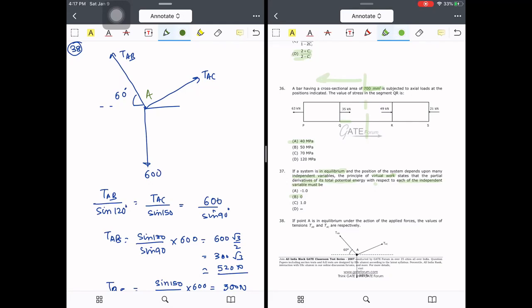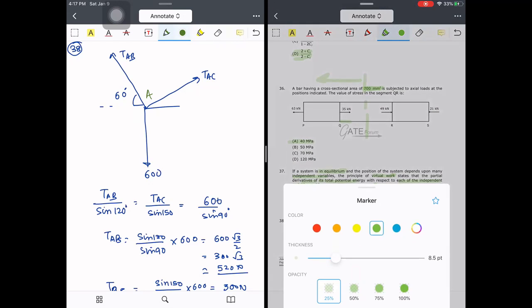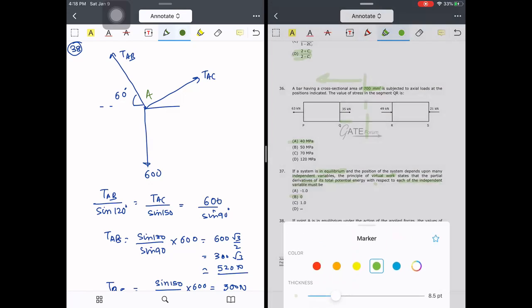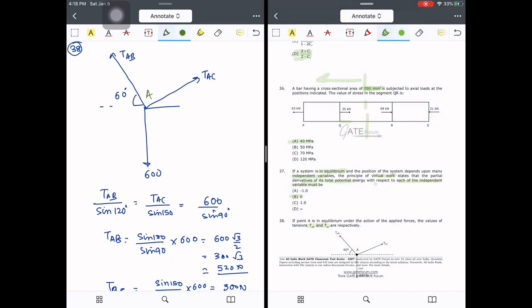Question number 38. I think there is some problem in the figure. I have drawn it here for you, the same figure reproduced here. They have asked the values of tension in AB and AC.